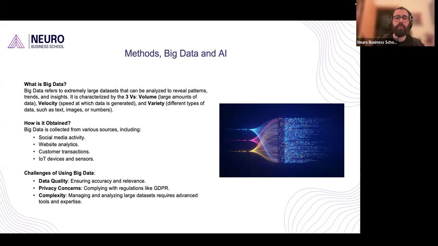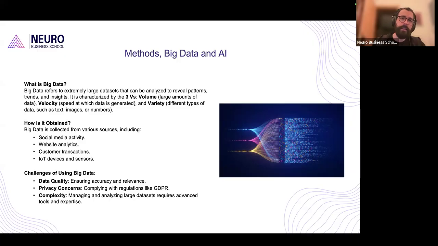Well, big data refers to extremely large databases, but it's not only huge amounts of data. That means volume, but it's also velocity, okay? Because it's really fast to be generated, but also really fast to gather, to collect. So the velocity is important, and also the variety.